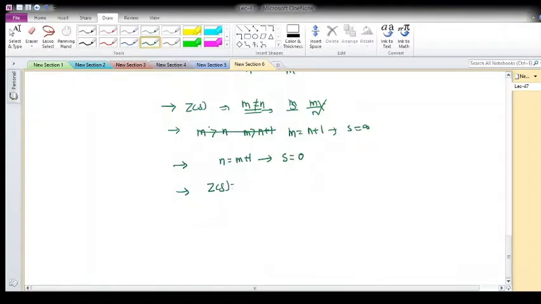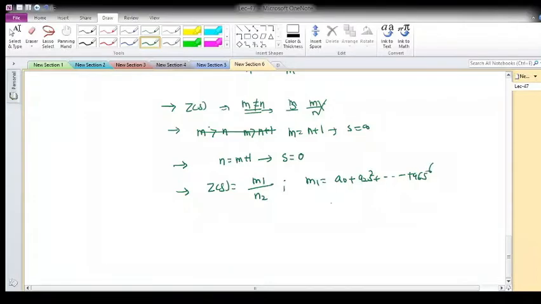Suppose now Z LC is written with m1 as the even polynomial in the numerator and n2 as the odd polynomial in the denominator. Let me write the numerator polynomial m1 of order 6: a0 plus a2 s squared plus a4 s raised to 4 plus a6 s raised to 6.